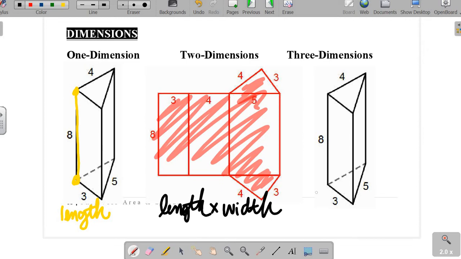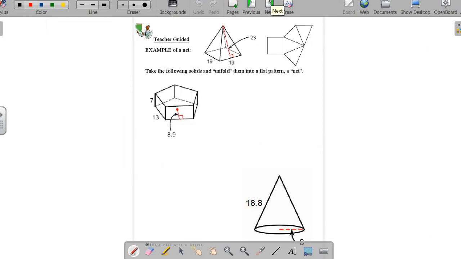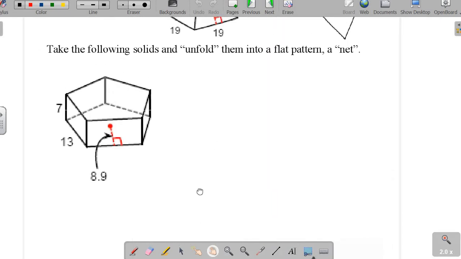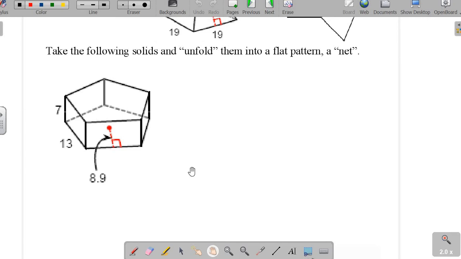In the next couple minutes, what we're going to be learning is how to take 3-dimensional objects and draw its 2-dimensional surface areas. These are called nets. So imagine this solid is covered precisely in paper.